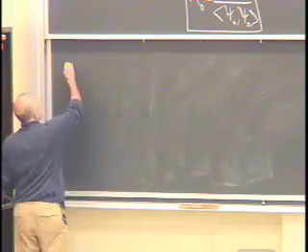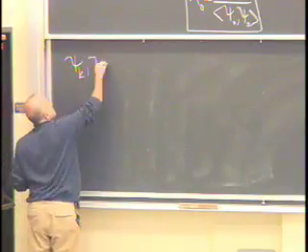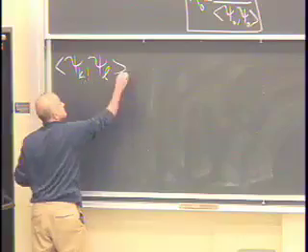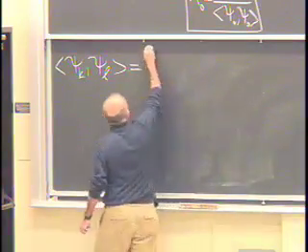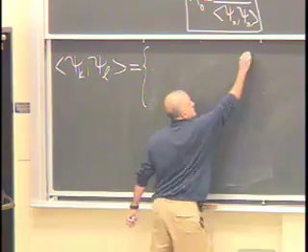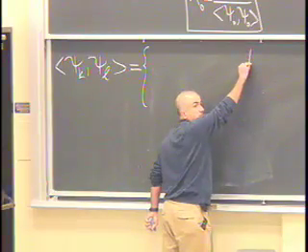Okay, so Ck, Cl. I'm going to consider two separate cases. When is the exponent 0?